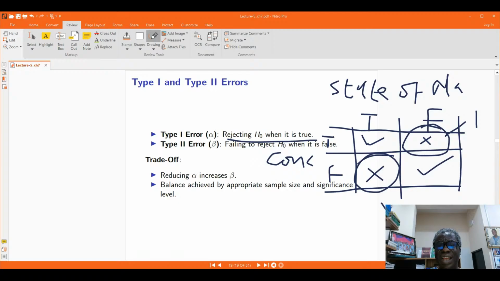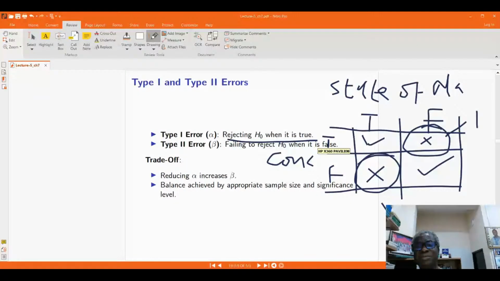So you have to balance the appropriate sample size and the significance level. For now, it is just appropriate for you to know what type 1 error means and what type 2 error means. Type 1 error is committed when the null hypothesis is rejected when it is true.